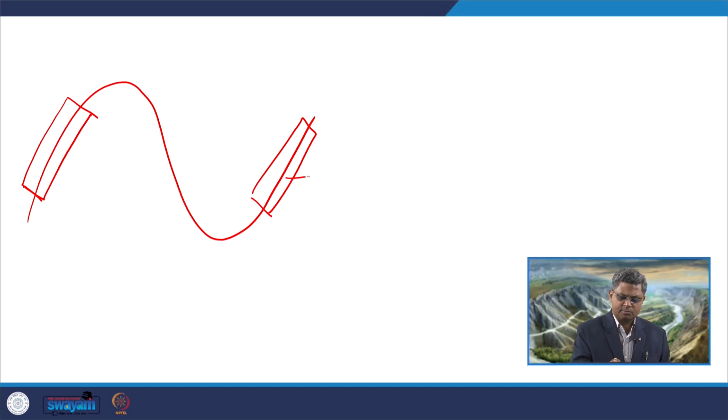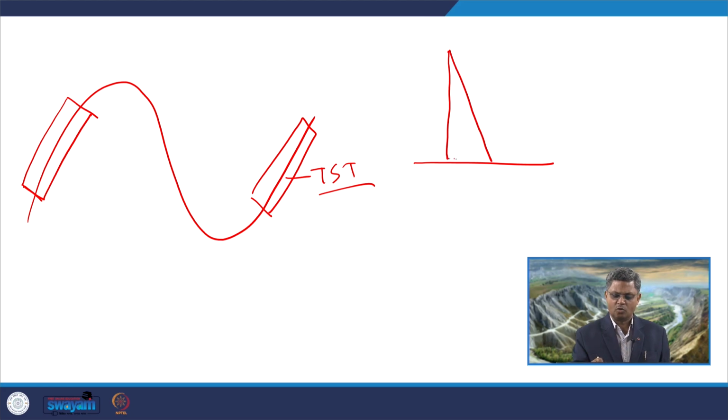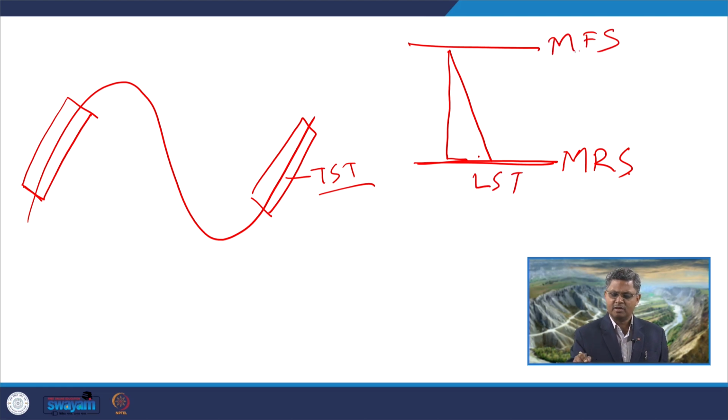As a result of this transgression, this TST, we get an overall fining upward succession. The lower bounding surface is the maximum regressive surface, as it is underlain by an LST, and the upper bounding surface is the maximum flooding surface, which is overlain normally by an HST.